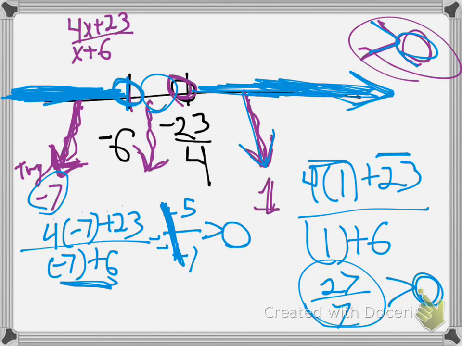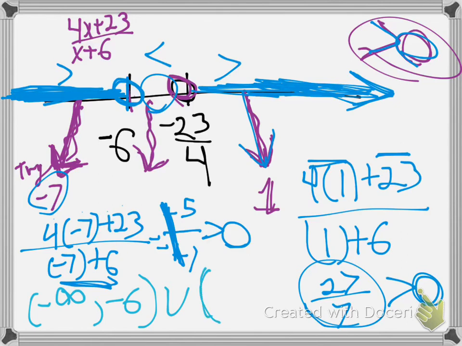That must be the only part of the number line that makes it less than 0, because these other parts make it greater. And so it looks like our solution set is from -infinity on the left all the way to -6, parentheses, unioned with, also parentheses, open circle, because there is no equal to on this greater than thing.